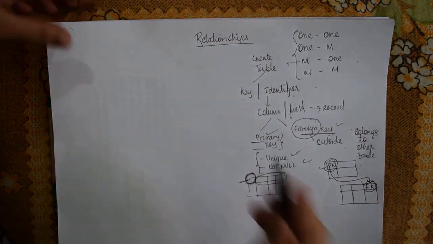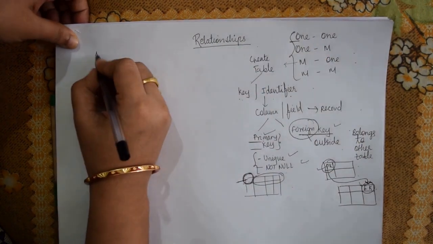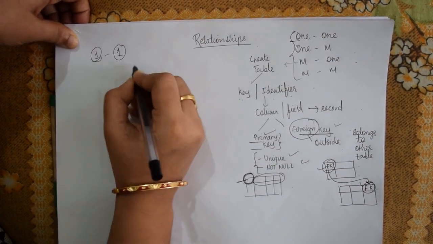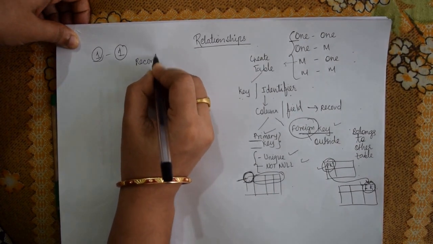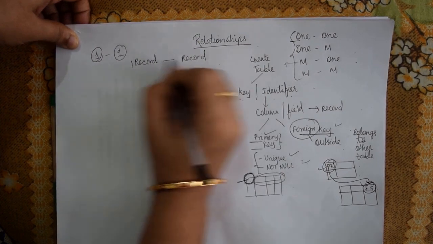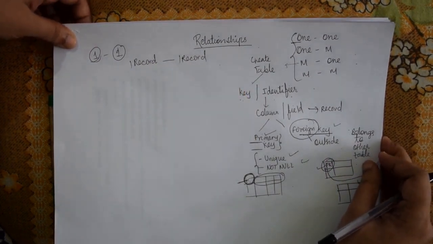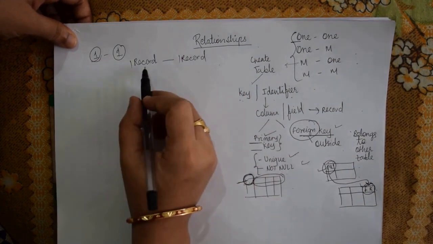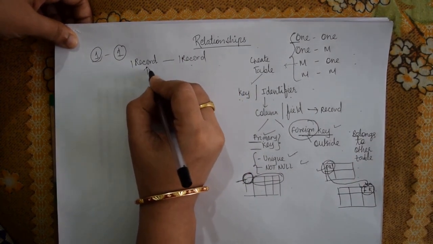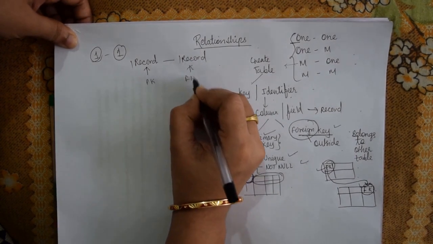Now we will go one by one, starting with one to one relation. When there is a one to one relation, it means one record belongs to exactly one record, or you can say one entity belongs to exactly one entity. In this case, you have to take the primary key of any one of the tables as a foreign key in the other table.